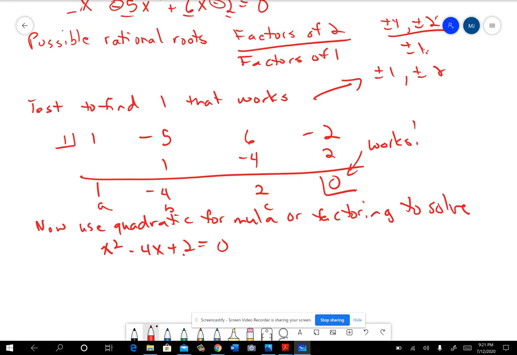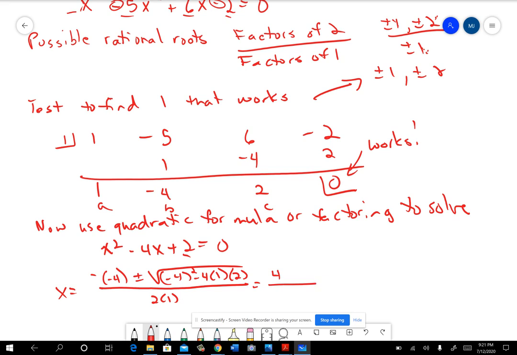All right, looking at that, I can tell it doesn't factor. I can't find factors of 2 that add up to be -4. And so I'm going to go ahead and do the quadratic formula. So if you'll just allow yourself to get back up to speed on quadratics and then really get good at that synthetic division, it can be a pretty fast process.